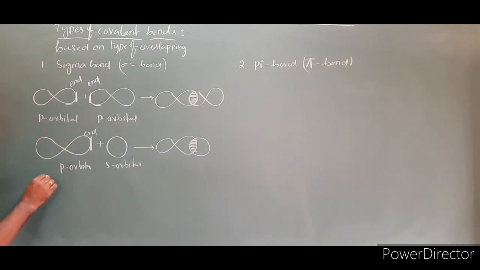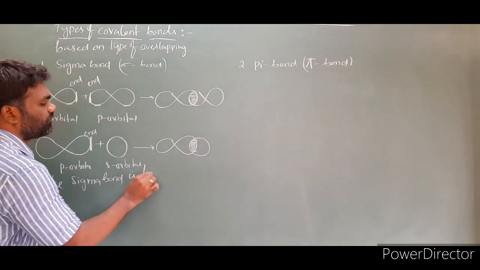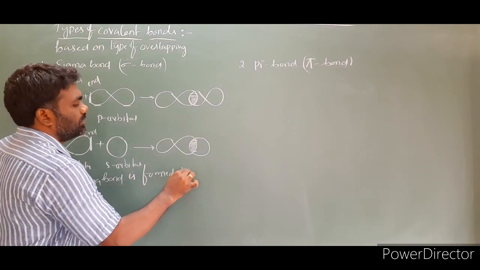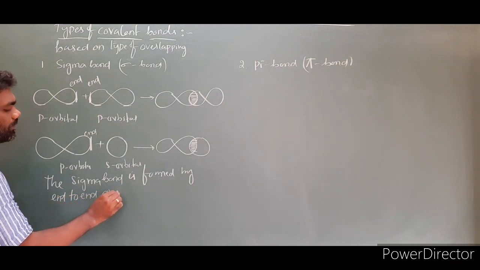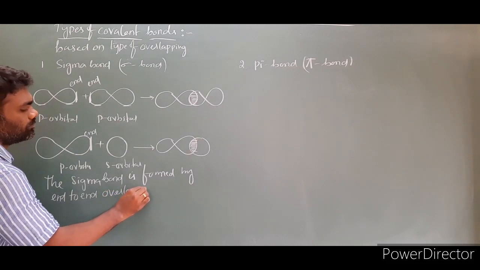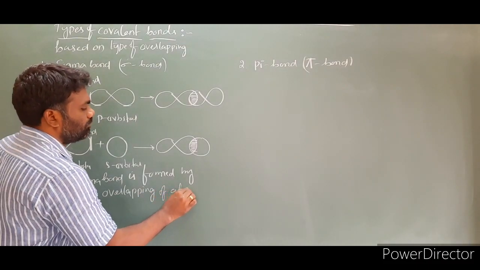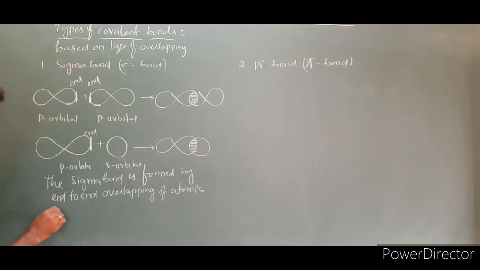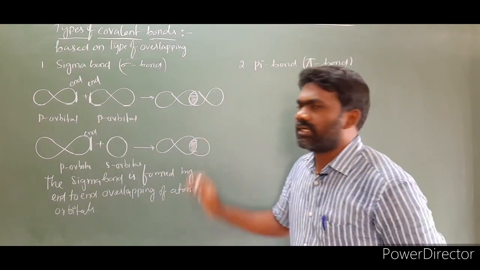Write the same sentence: the sigma bond is formed by end-to-end overlapping of atomic orbitals. This is the information regarding the sigma bond.